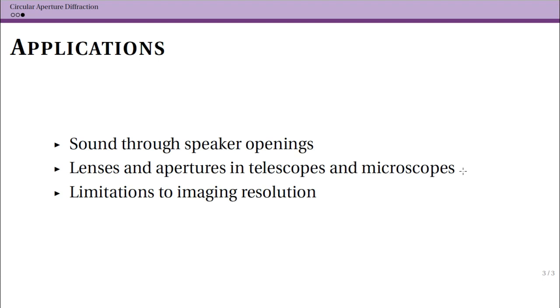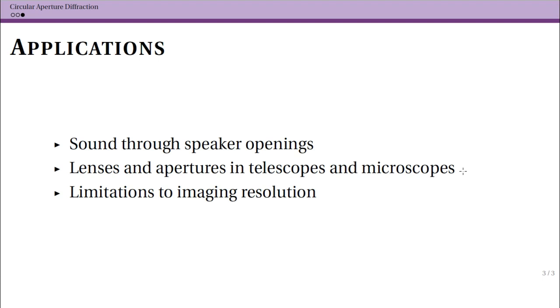Sometimes the relative scale of our apertures and our wavelength and our distances make it so that you don't want to use the small angle approximation for sound. But if you're generating sound within a speaker based on the membrane going back and forth, it maybe has to pass through a speaker cone or whatever hole you have in the speaker. And so that itself is diffraction as it goes forward and then spreads out.